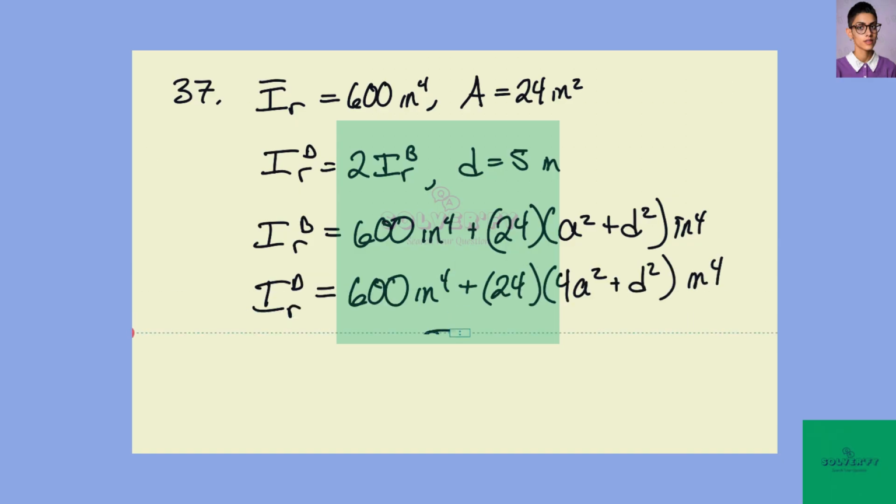Now we can write the polar area moment about D as the polar area moment about the centroid C plus the area times the distance from the centroid to point D, which is 4a squared plus d squared.